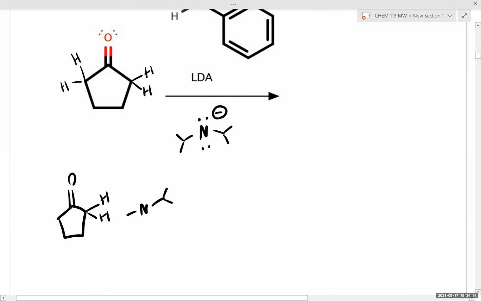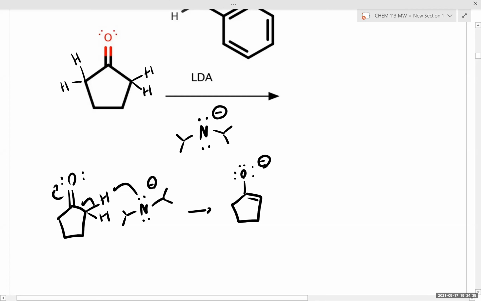LDA is a strong organic base. So we can pull off our alpha protons and in turn generate our enolate.